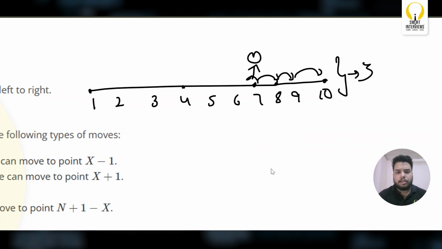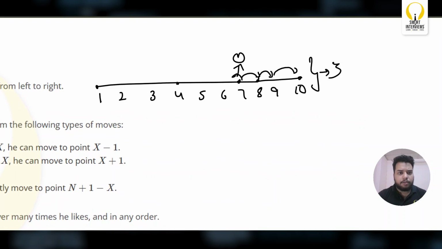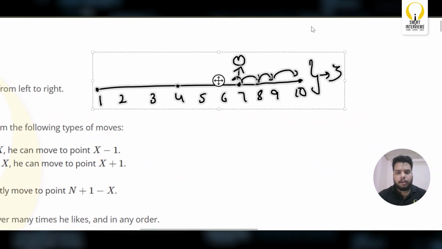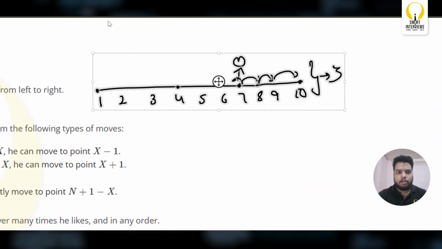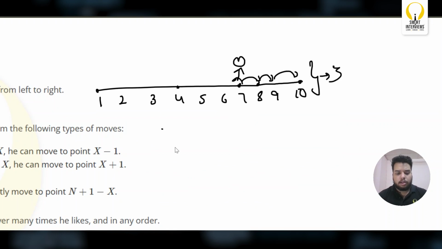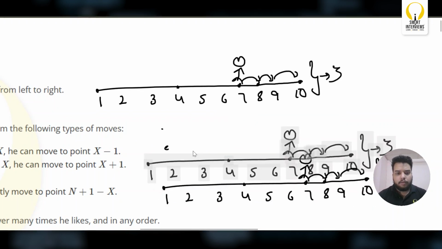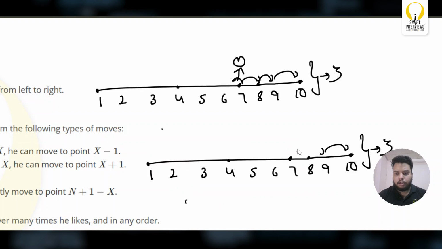What if, in the same case, instead of starting from 7, Chef starts from some other point, let's say 3? Going towards right is not always the correct choice.